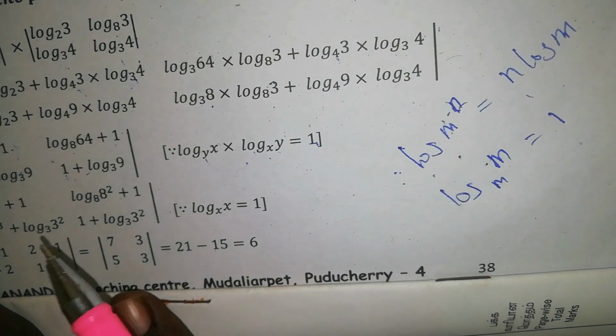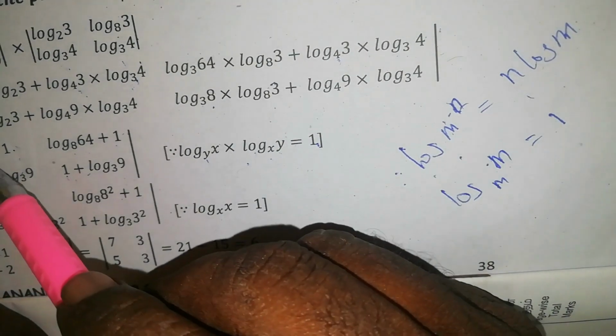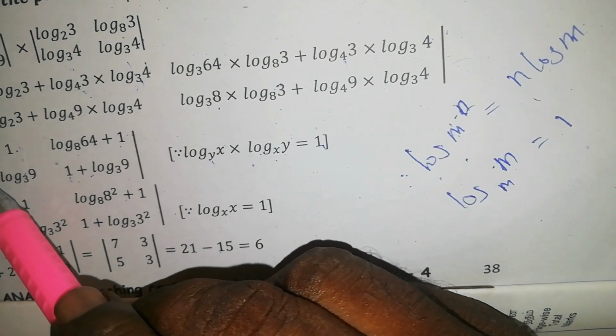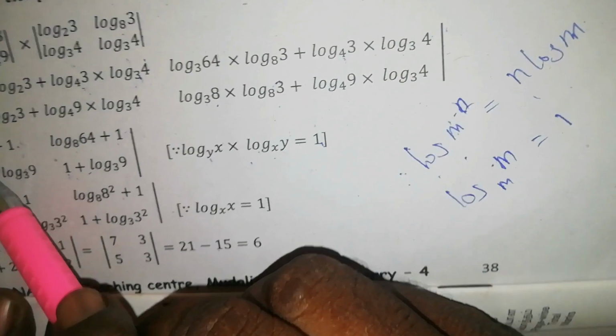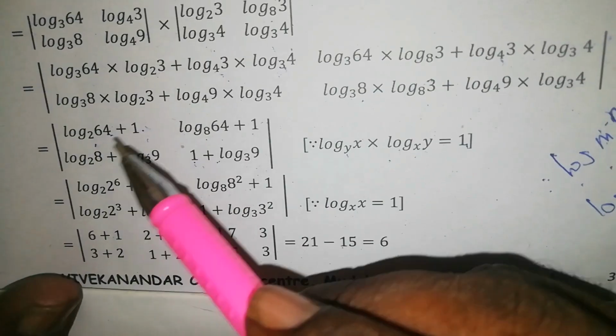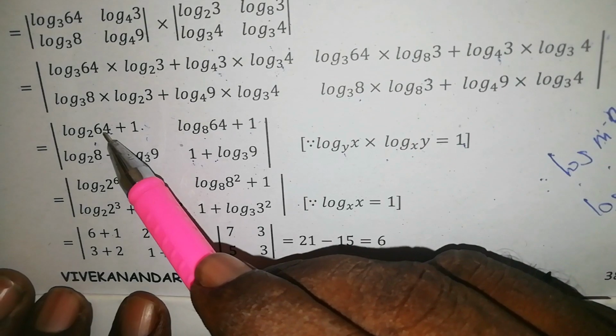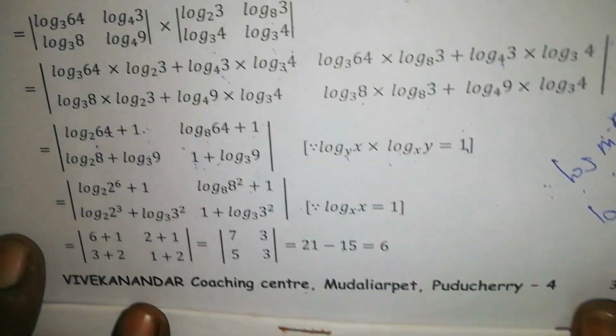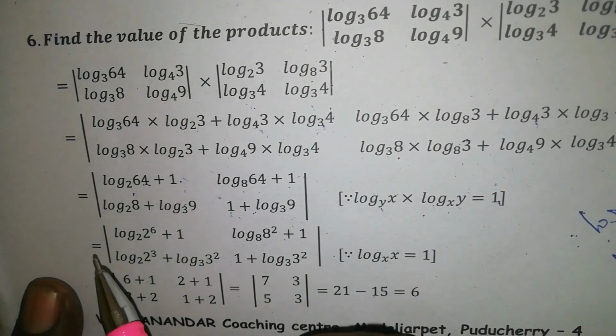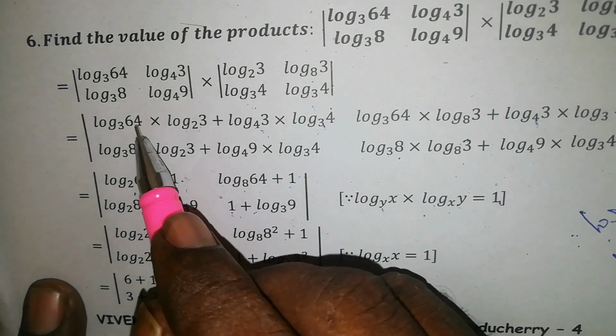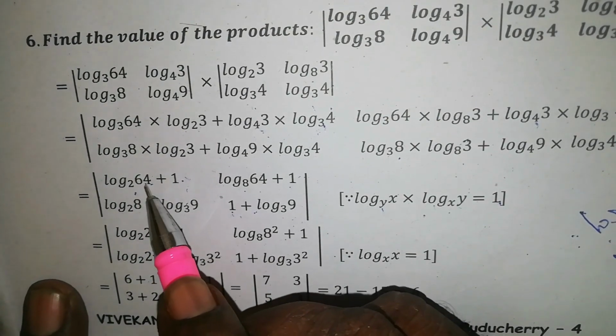Okay. Next, 64 means base 2 is there, so you can split 64. 64 means 2 power 6.